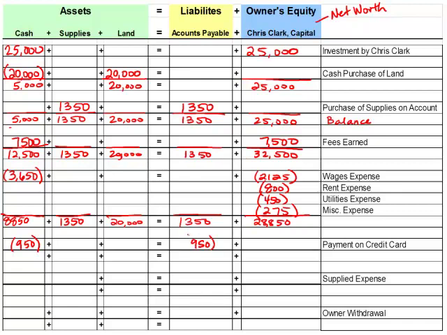Okay, subtract it, $950. So that'll leave $7,900 in cash. Still have supplies, still have land. We now owe $400 on the credit card or the debt. And our equity remains unchanged.